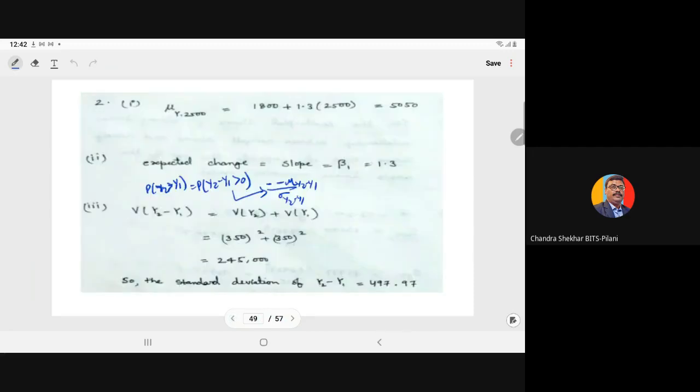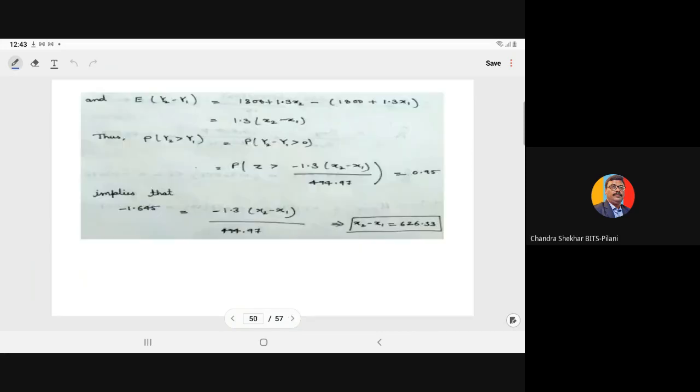Here we have 350 square plus 350 square, so it will become 245000. Its positive square root will give you the standard deviation, which comes to 494.97.